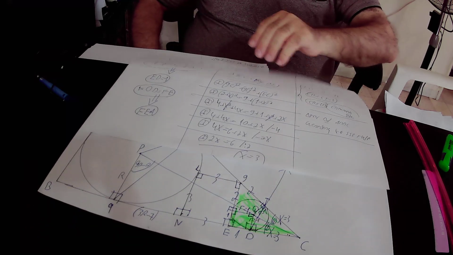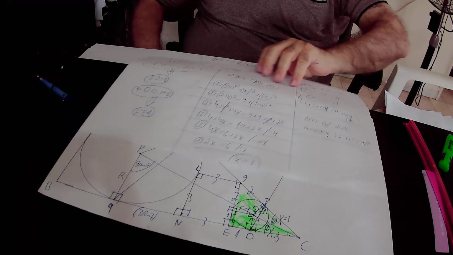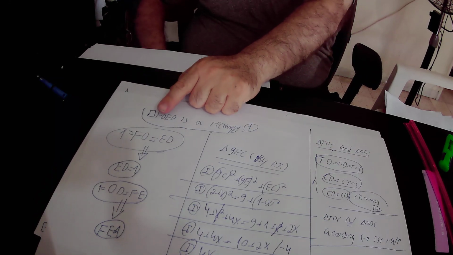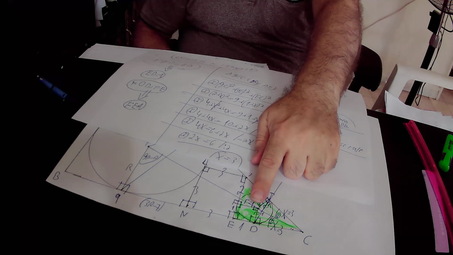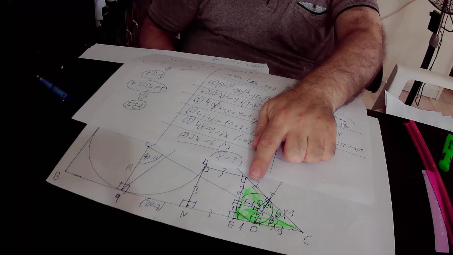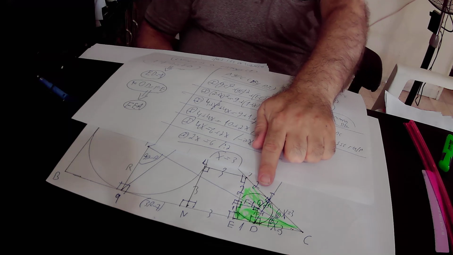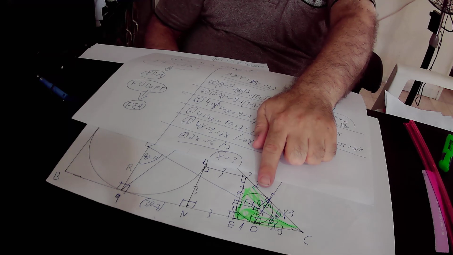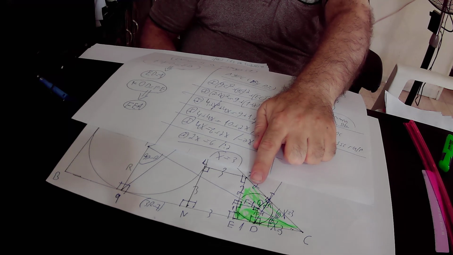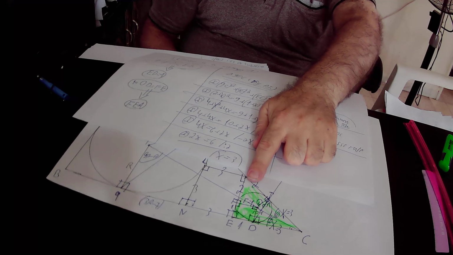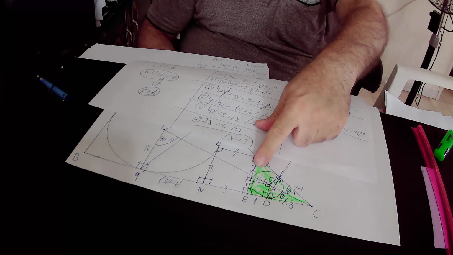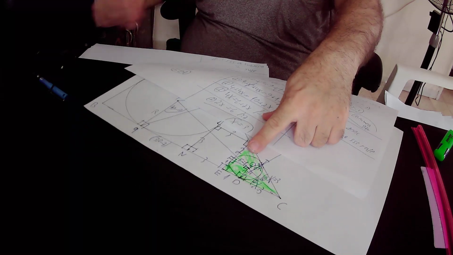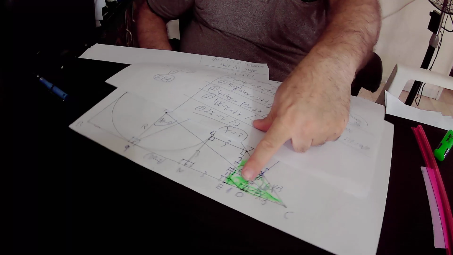But here, FO equals 1 unit. It is the radius of the circle, and from the equation 1 equals FO equals ED, we derived that ED equals 1 unit. Likewise, since the opposite sides of a rectangle are equal to each other, we concluded that OD equals FE. This is point F. OD equals FE.